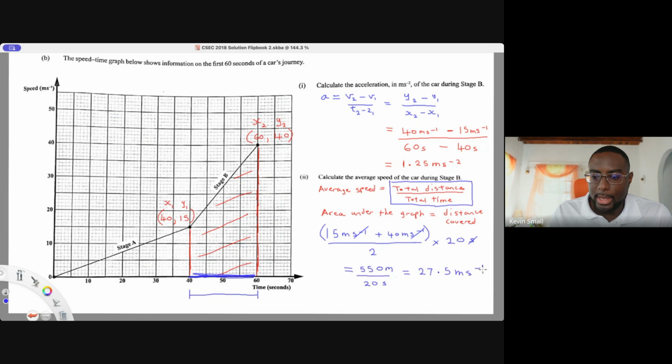That is the average speed that he took. Remember this was the answer for the total distance, and this 20 came from down here, the total time it took to get from that point to that point. So the answer is 27.5 meters per second.